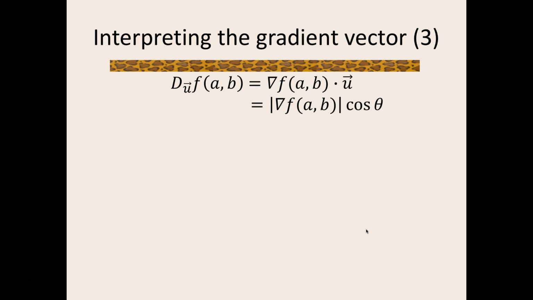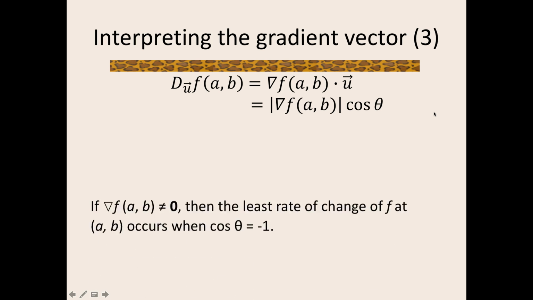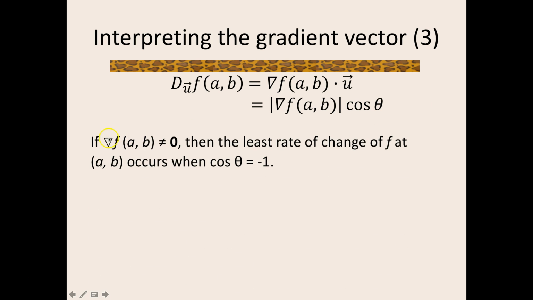The flip side of that one is what's the least the cosine theta could be? Well, that would be -1. And so, if we're dealing with a non-zero gradient vector, then the least rate of change would occur when the cosine theta is -1. That would mean the most negative slope or the most negative rate of change. And when these 2 vectors have an angle between them with a cosine of -1, that angle would have to be pi, or 180 degrees. That would mean they're in opposite directions.